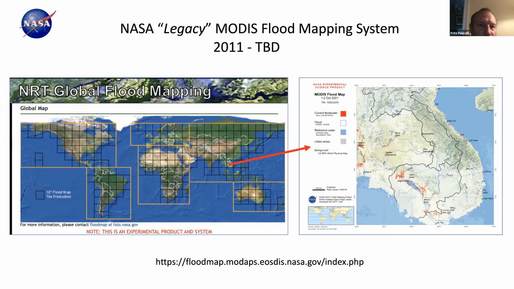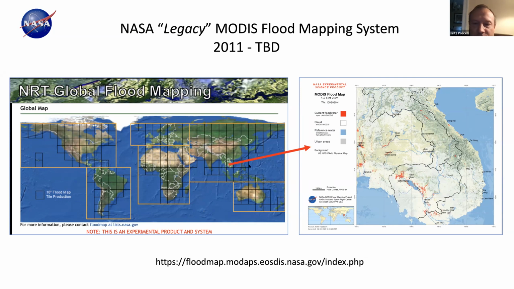So this is what I'm calling the legacy MODIS flood mapping system. It's been around for about 10 years now, and hopefully some or many of you are somewhat familiar with it. We've been using data from MODIS, both the Aqua and the Terra systems, at primarily the near infrared and red bands at 250 meters resolution to monitor essentially the globe every day, and to provide flood maps everywhere, whether there's a flood or there's not.